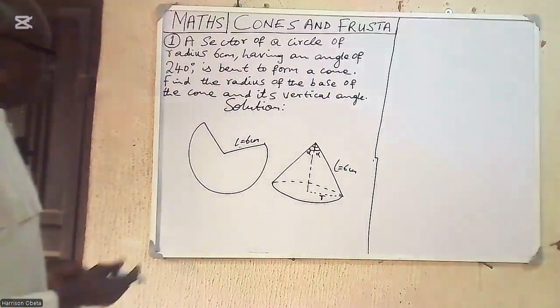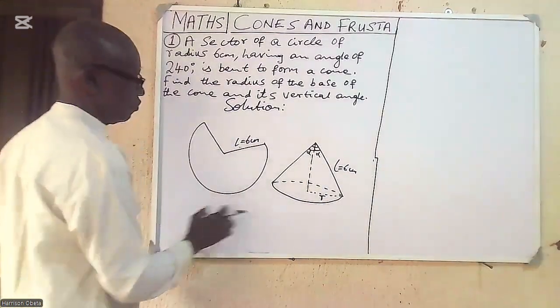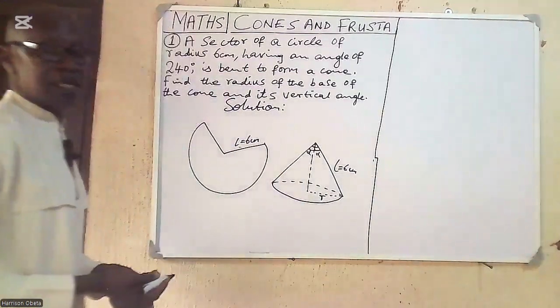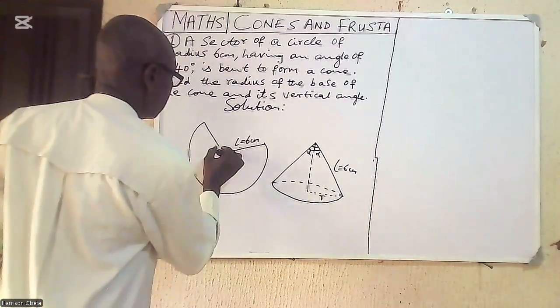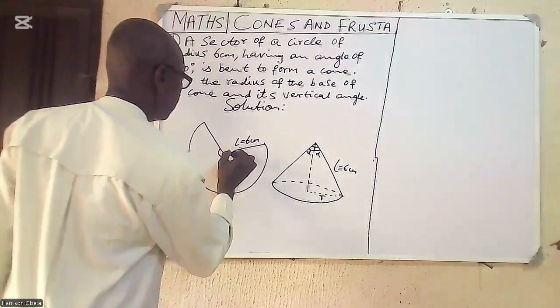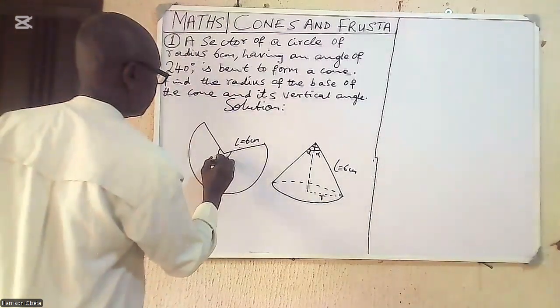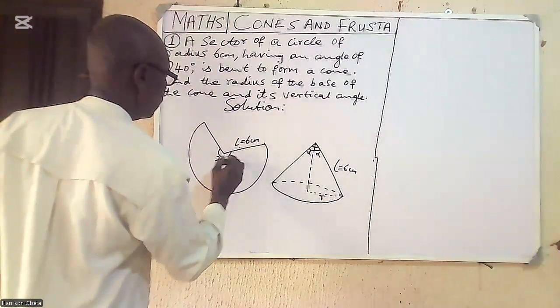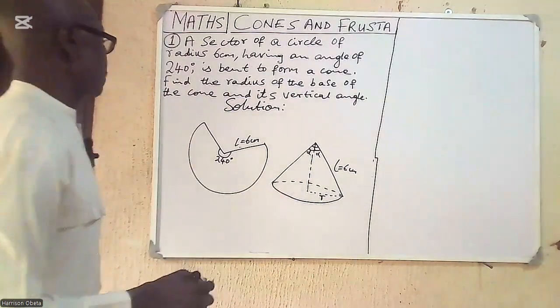As I said earlier, the length of arc will form the circular base, and that is the formula you're going to use. The angle from the question is 240 degrees. It is bent to form this.